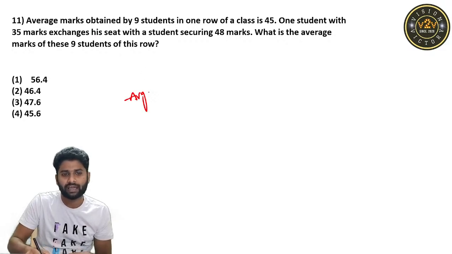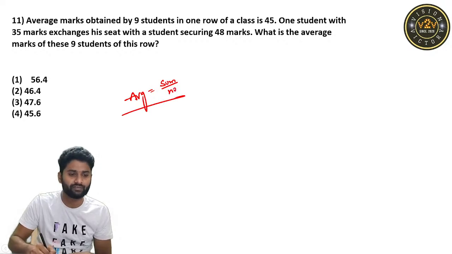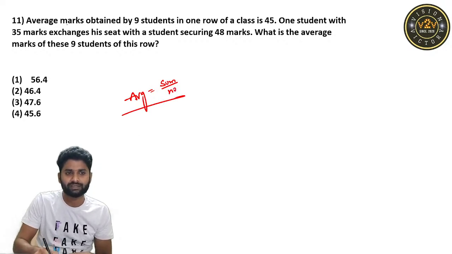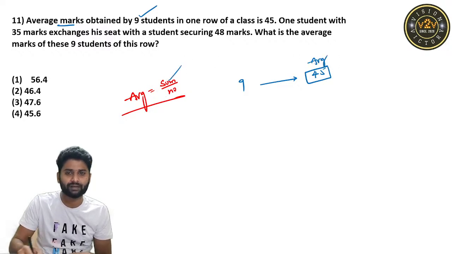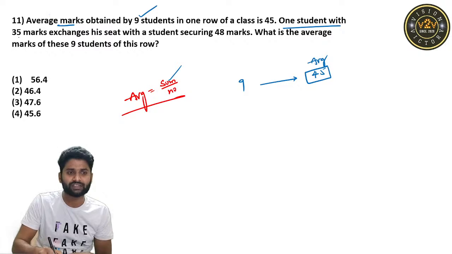You already know that average is all about the sum of observations divided by the number of observations. Here the data says that the average marks obtained by 9 persons in one row of a class is 45. So this is average. Guys, average is all about sum by number. And one student with 35 marks.